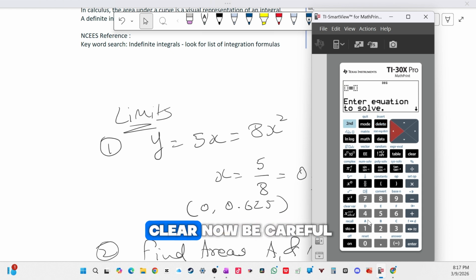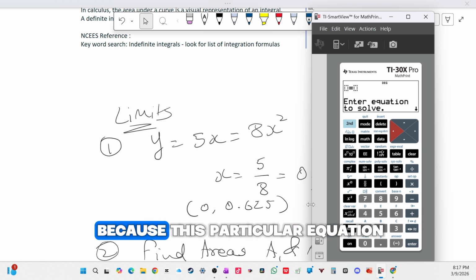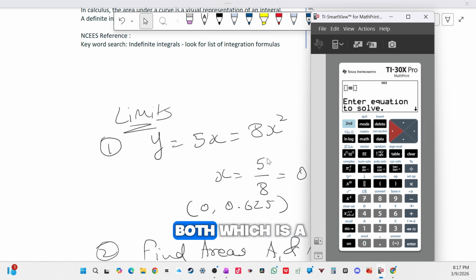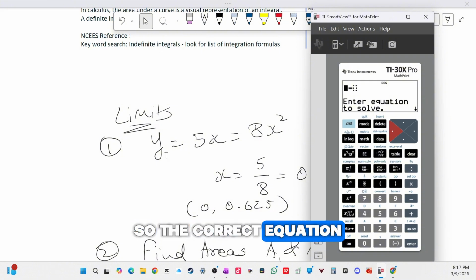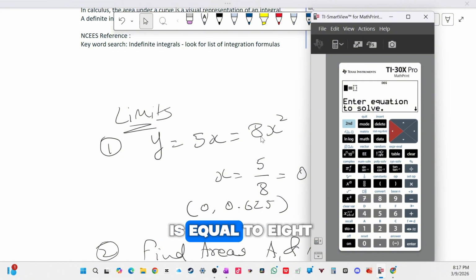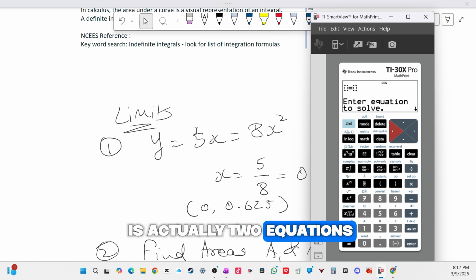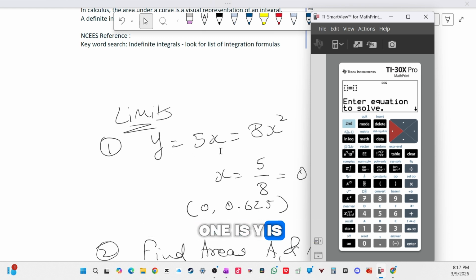So once it is clear, now be careful because this particular equation has y and x both, which is a little bit more complicated than normal. So the correct equation that we are trying to solve is y equals 5x and y equals 8x square. So this is actually two equations. One is y equals 5x, one is y equals 8x square.